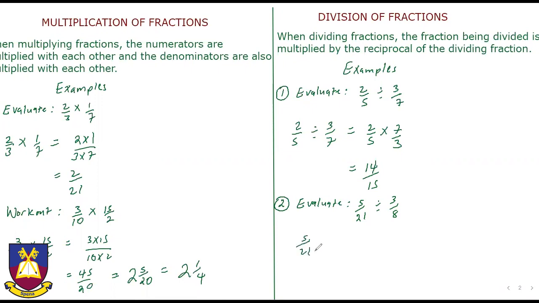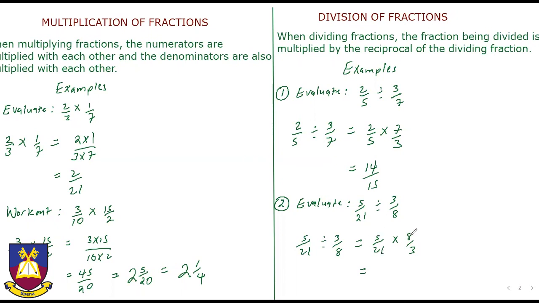When we're dividing fractions, we take this fraction, then multiply it with the reciprocal of the one dividing, that's 8 over 3. When multiplying two fractions, we multiply the numbers up alone and then the numbers down alone. Then we simplify where necessary.